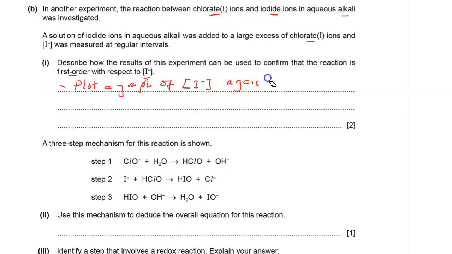Against time. If the graph has a half-life which is constant, then that will be a first order reaction.